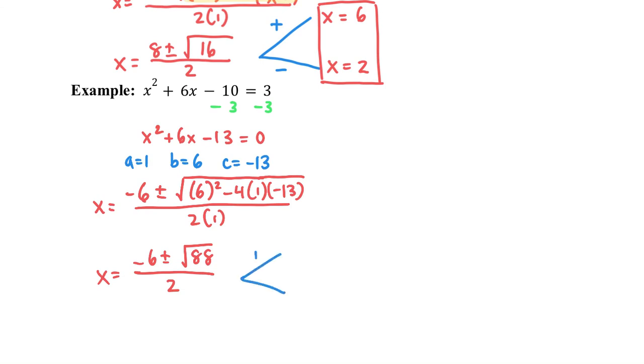Split off, 1 plus, 1 minus. x equals, so we'll do the plus first, negative 6 plus radical 88, enter, divided by 2, enter, round to the nearest tenth, 1.7. Negative 6 minus radical 88, enter, divided by 2, enter, round to the nearest tenth, negative 7.7. And this is how we use the quadratic formula to solve quadratic equations.